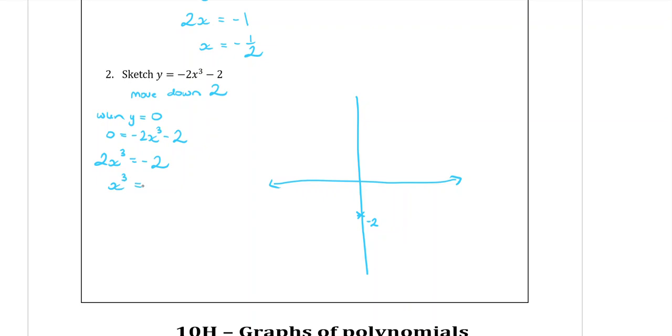Dividing by 2, we'll get -1, and the cube root of -1 is still -1. So my intercept is here at -1. My cubic graph will curve up through the -1 and then have a point of inflection and go down the other way. Okay, so that was our cubics from last lesson.